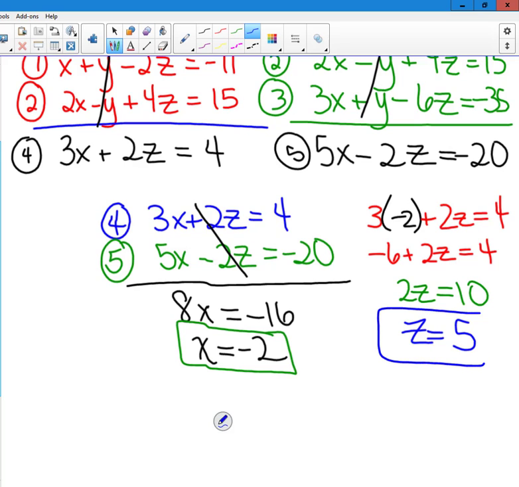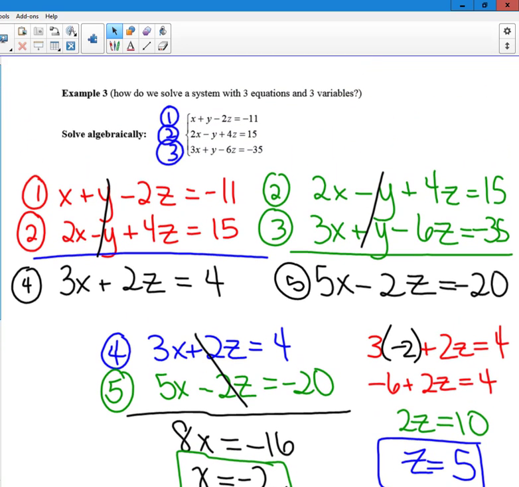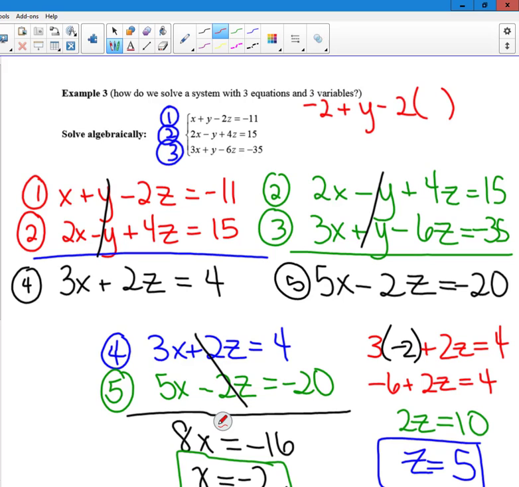So there's the second part of my solution. This is 3 equations, 3 variables, so that means I need to solve for the third variable, and the way that I do that is I take x and z and plug it into any one of the original 3 equations, your choice. I'll just sub it into the first one. So I have a negative 2 plus y, because that's what I'm looking for, minus 2, and I'm going to sub in what I just found for z, so in this case that 5, and then equals negative 11.